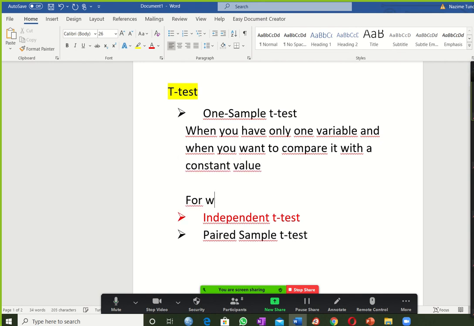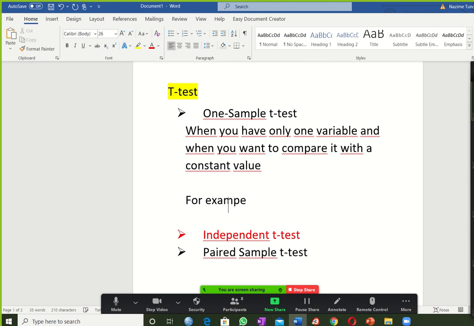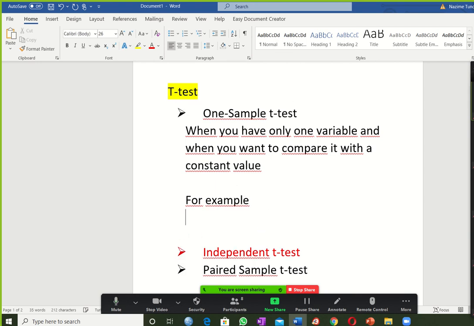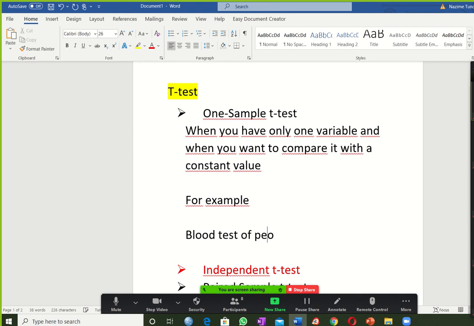For example, let us say the blood test of people is below or above 11. So this is a standard number and this is the variable.